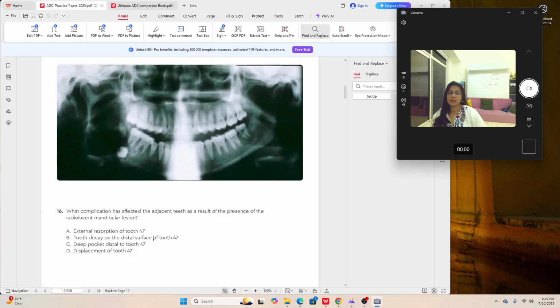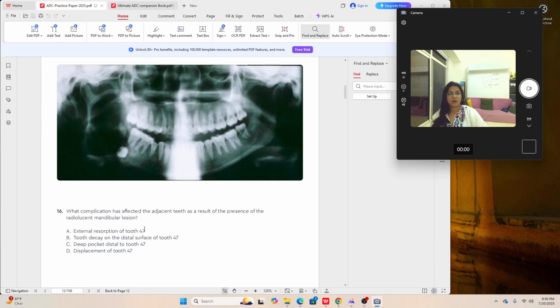Tooth decay on the distal surface of tooth 47? I cannot see a decay. Deep pocket? I still cannot see a pocket. There is a bone and there is a gum line here, so I don't see a pocket. Displacement of tooth 47? I don't think so. There is a resorption. If it was displaced, it would have looked very weird. It pretty much looks in its own line in a proper occlusion. It's not displaced. So the right answer is external resorption of tooth 47.